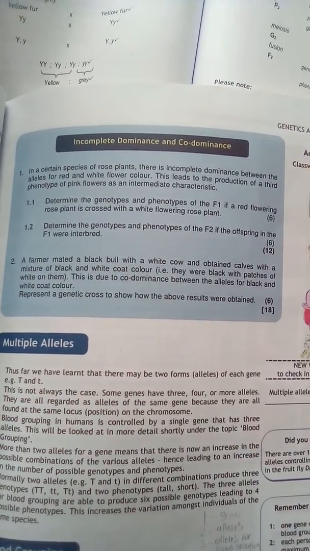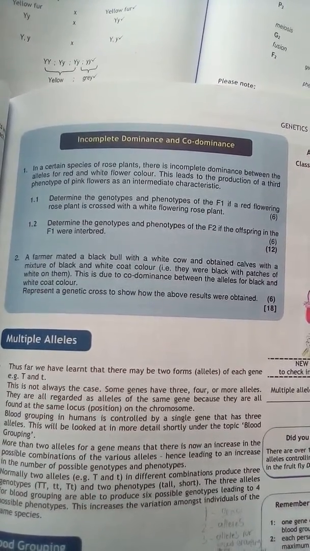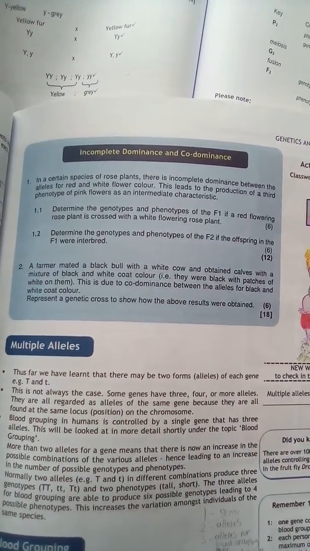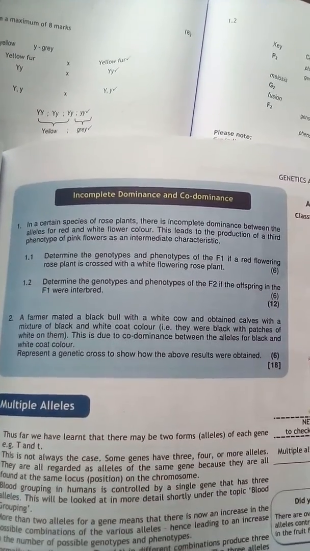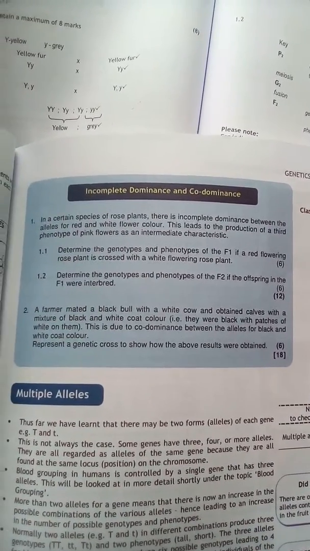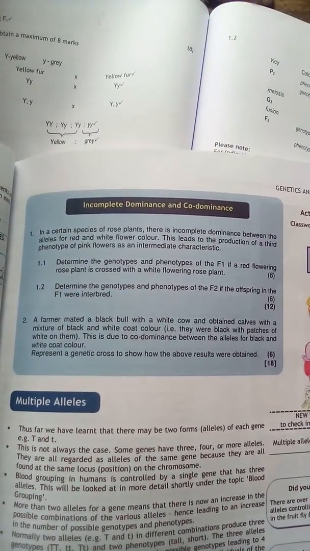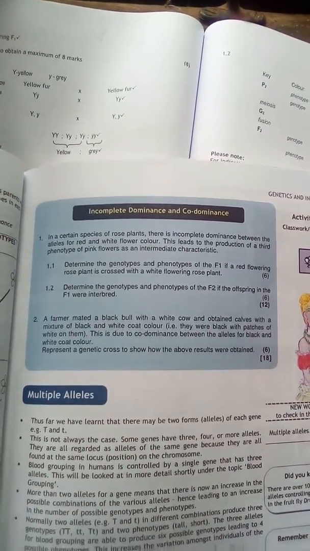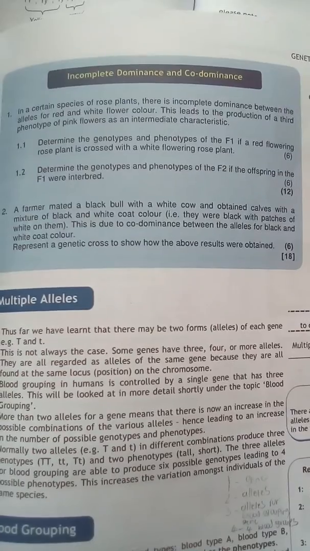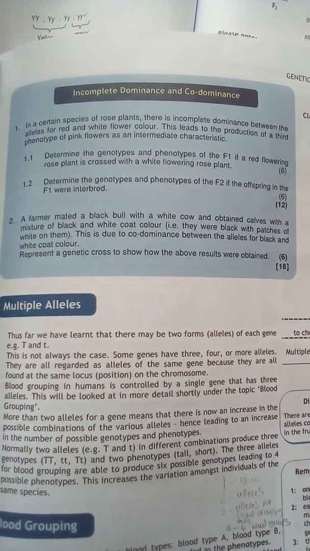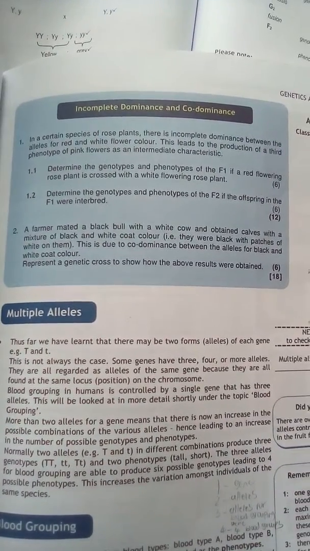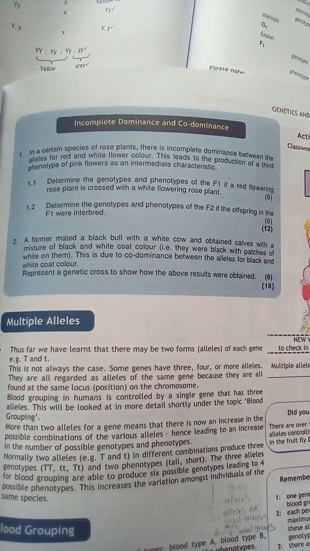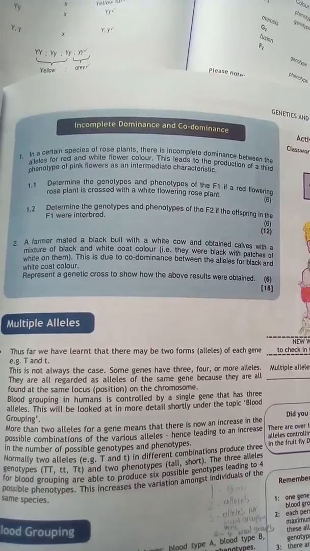This leads to the production of a third phenotype of pink flowers as an intermediate characteristic. Okay, so they've already told us this is an incomplete dominance genetic cross. They've told us that there's a third characteristic that comes out in the offspring. So now the question is, determine the genotypes and phenotypes of the first filial generation if a red flowering rose plant is crossed with a white flowering rose plant.